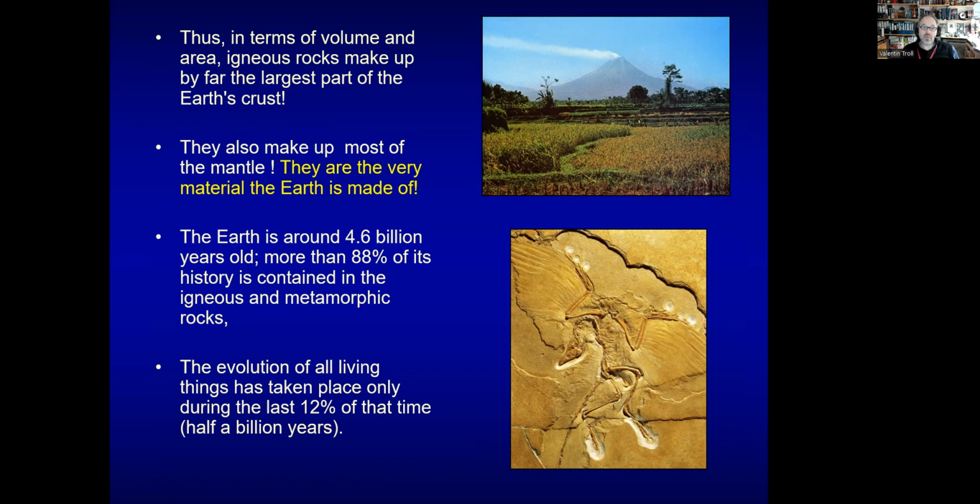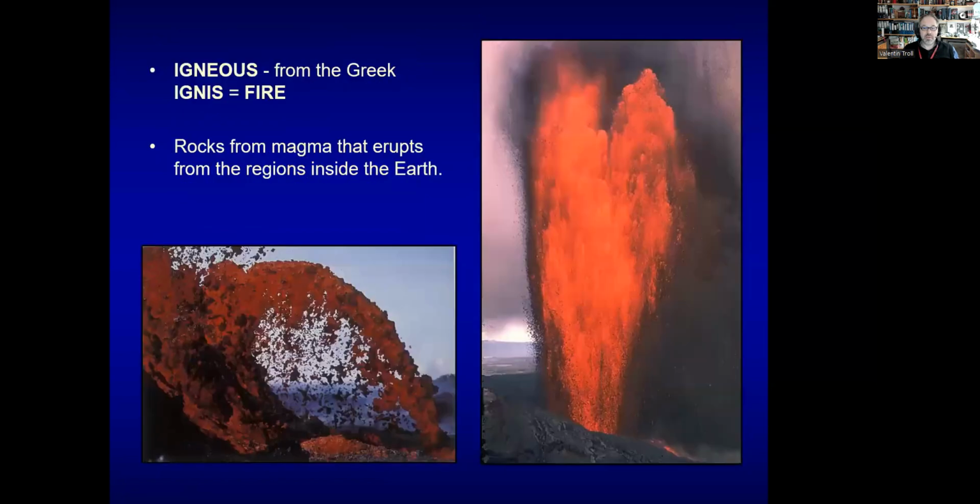So igneous rocks go back a lot further, and the oldest rocks that we have, or the oldest minerals we have, are actually igneous. They are zircon crystals that come from recycled igneous rocks that were worn down by erosion and are now found in sediments. So the really early Earth history that's contained in igneous rocks, we have a record of that, albeit a very complicated record, I must admit.